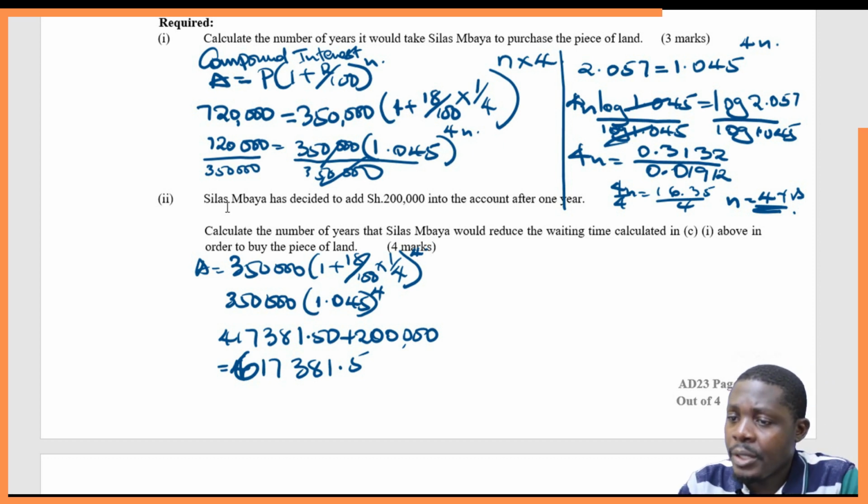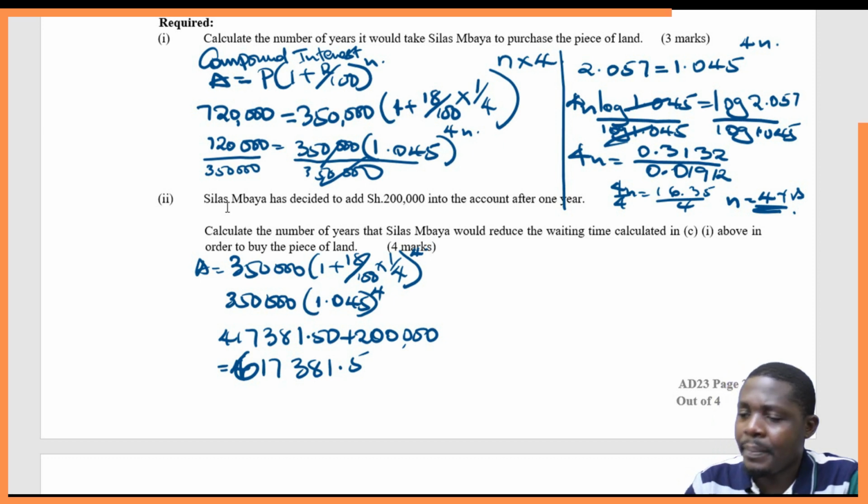Now the question is to calculate the number of years by which Silas will reduce the waiting time.